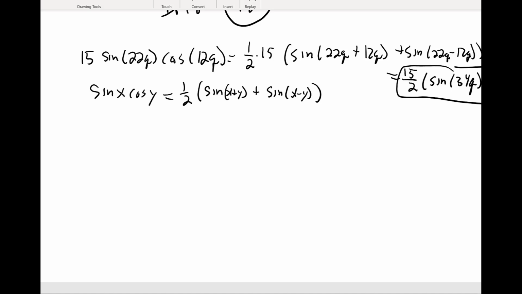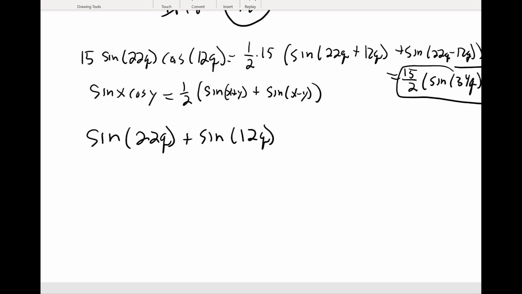Okay, fun stuff, huh? Now we're going to do a sum to a product. So in a sum to a product, here's the problem we have. We could just go with the same kind of numbers we had, sine of 22q plus sine of 12q.